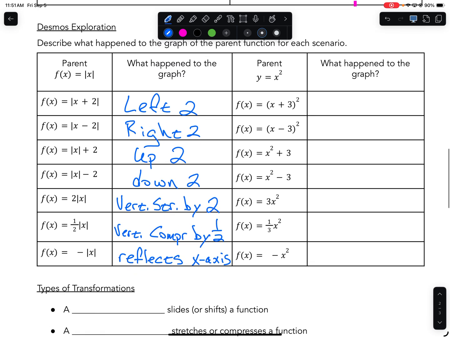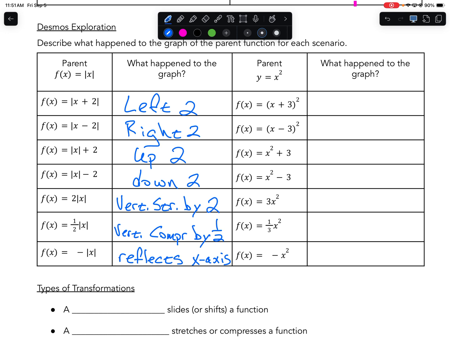Remember I told you how flashcards are a good idea? Make some flashcards for these, right? Try to fill out the second column on your own. I'll give you a couple minutes to do that. You can use the column on the left as a reference because it works the same.